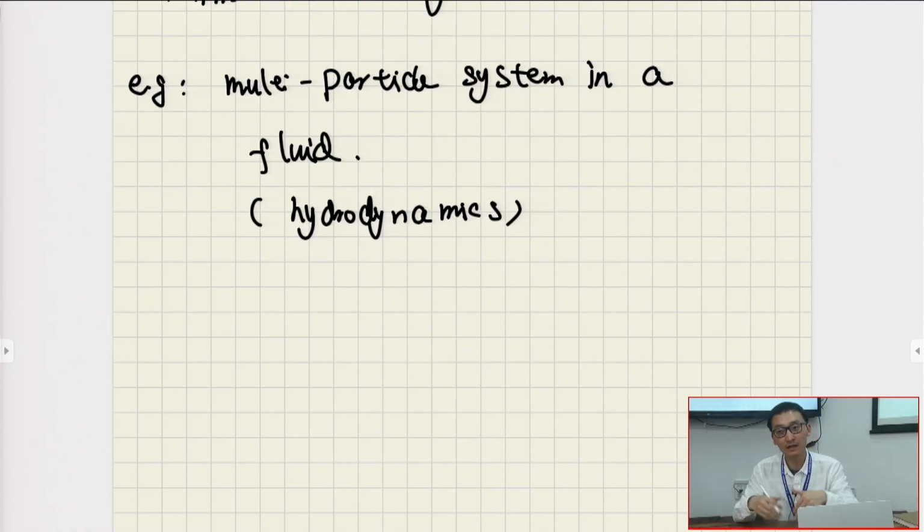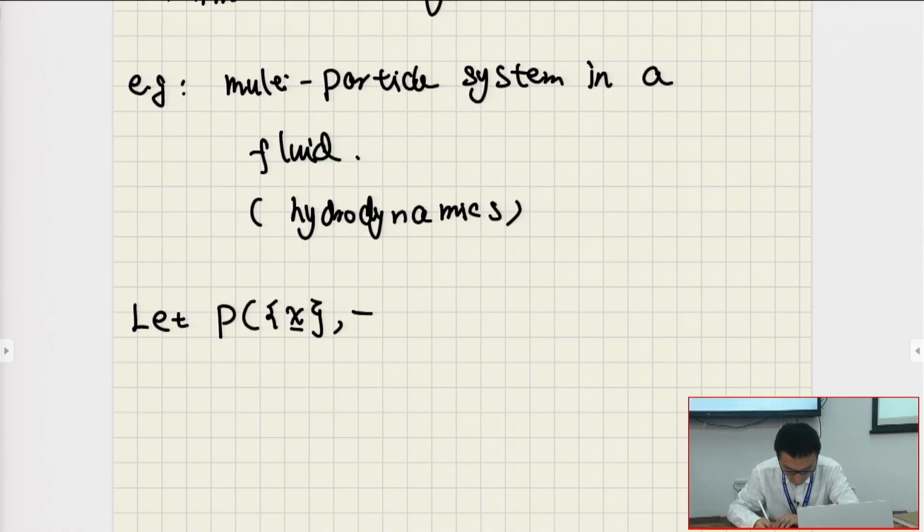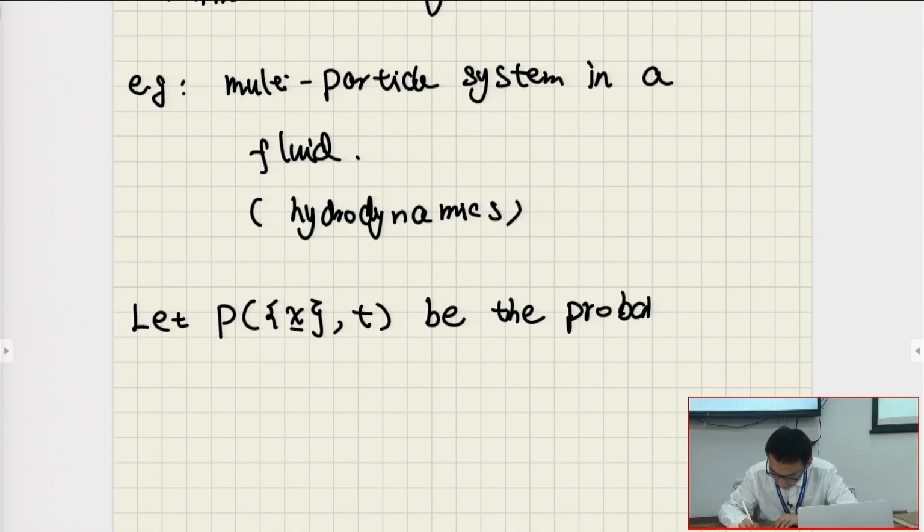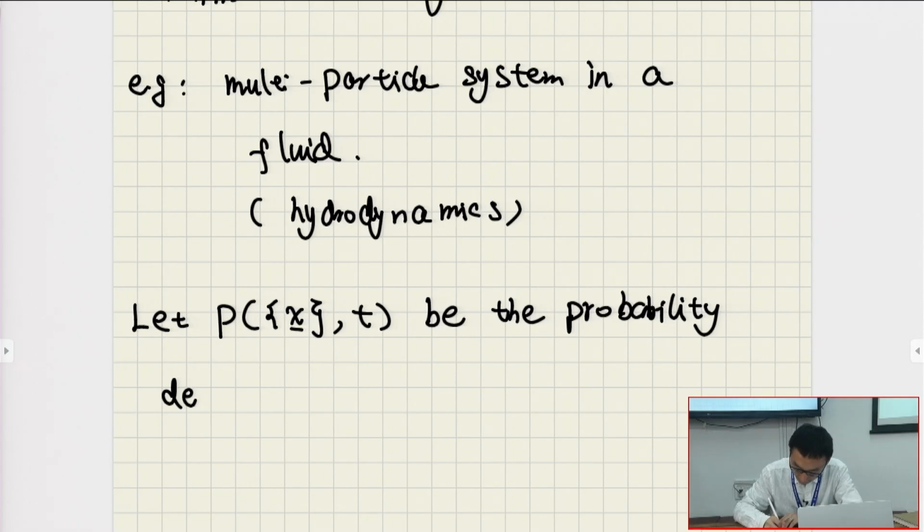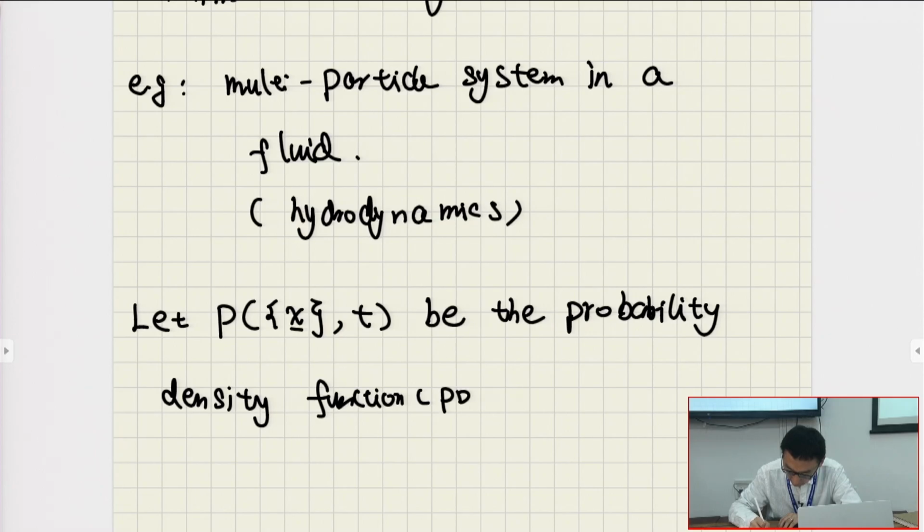So let's define, as we did before, a density or a probability distribution function. Let's call that P, which now depends on all these coordinates and time. So that will be the probability density function, or PDF.